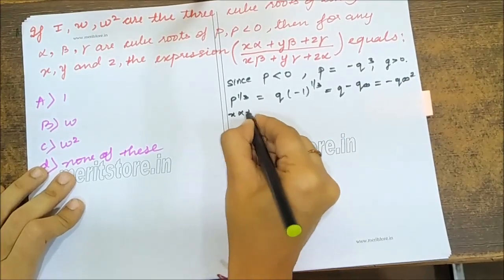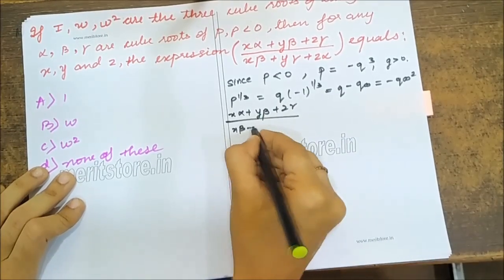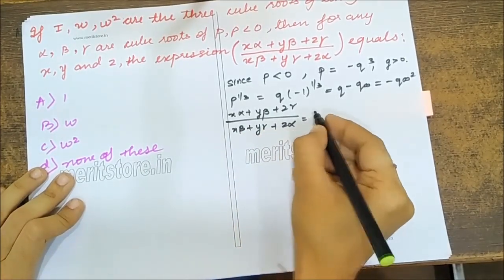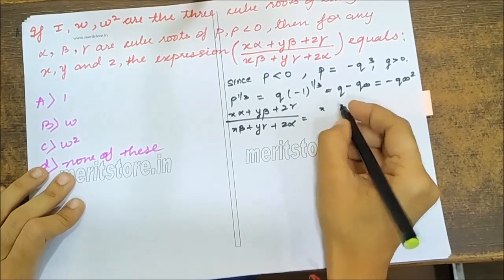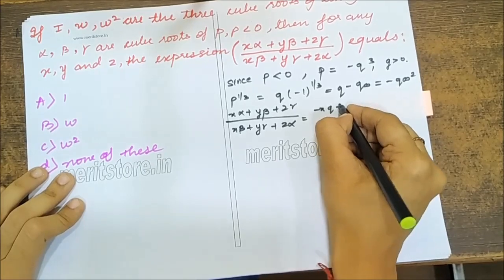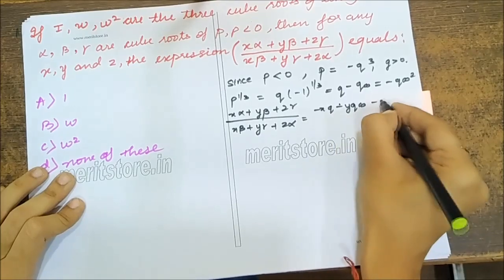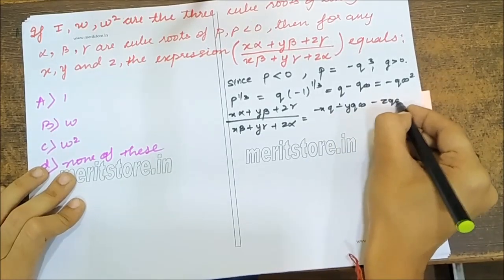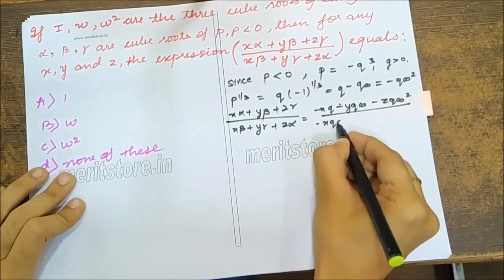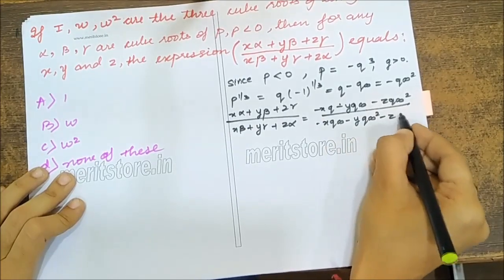So X alpha plus Y beta plus Z gamma upon X beta plus Y gamma plus Z alpha will give, I'm replacing, so minus X cube minus Y Q gamma minus Z Q gamma square, minus X cube unity minus Y cube square minus Z cube.